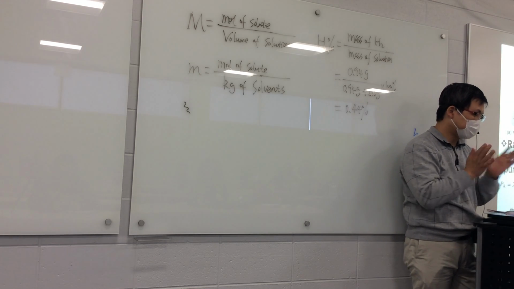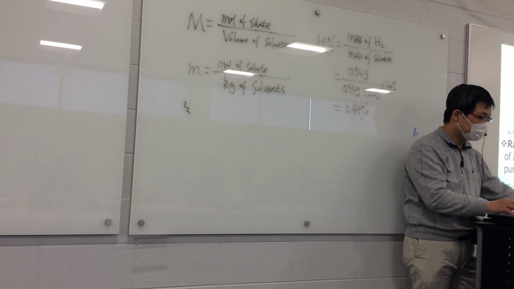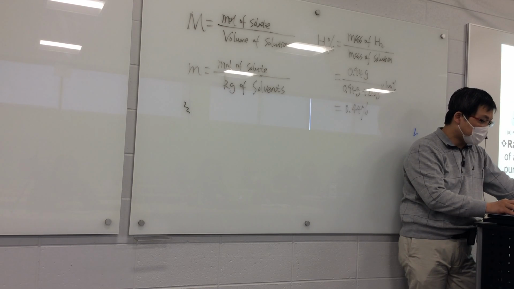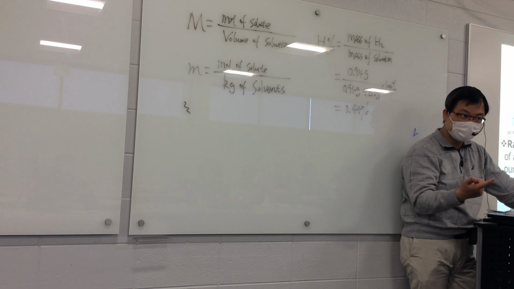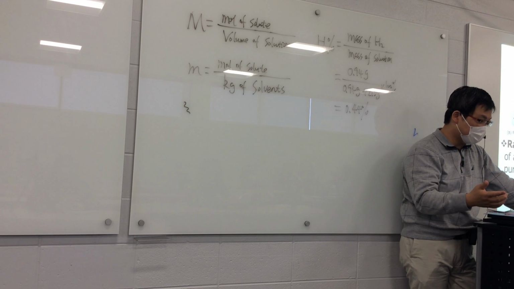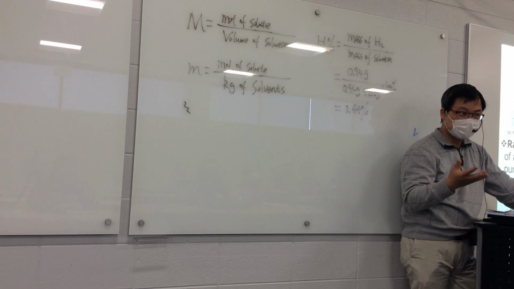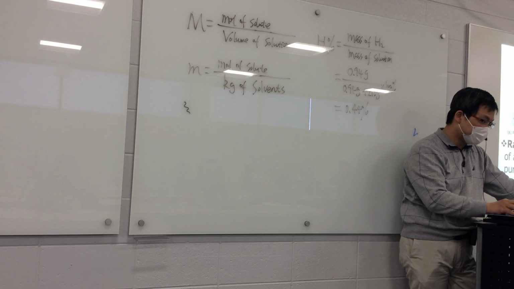Okay, here we discuss vapor pressure lowering. After we add a solute to a solvent, and after the solute is dissolved, the vapor pressure decreases. Why is that? The reason is very simple.